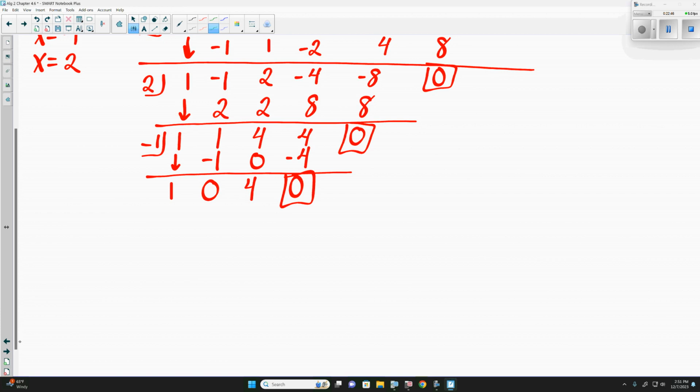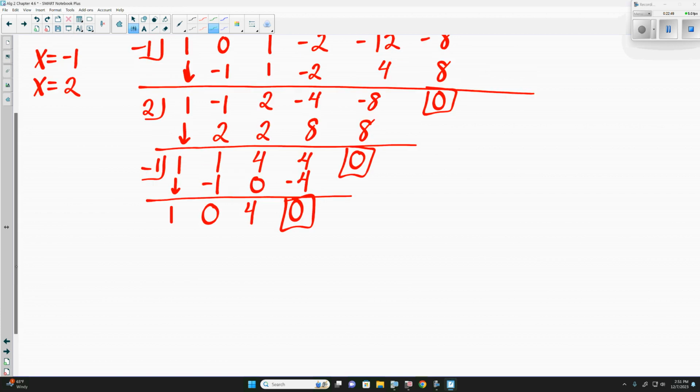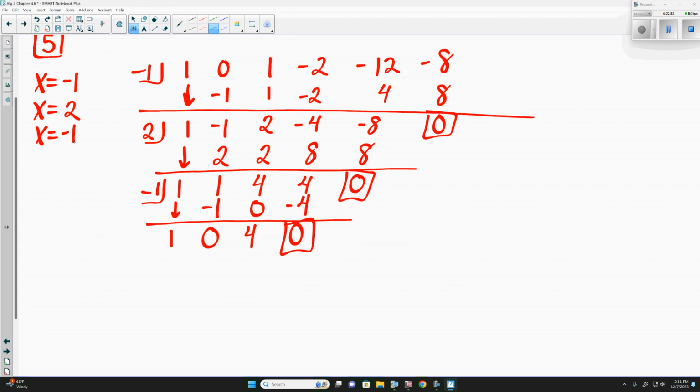So -1 works twice. And if we plug the variables back in, 0 is our remainder, 4 is our term without x, 0 is our term with x, and 1 is our term with x squared, leaving us with x squared plus 4 is equal to 0.